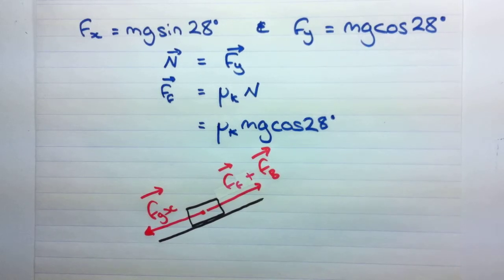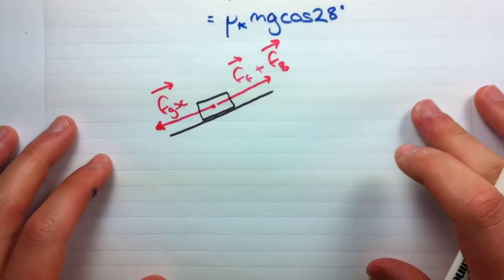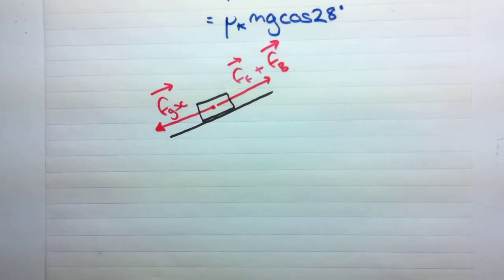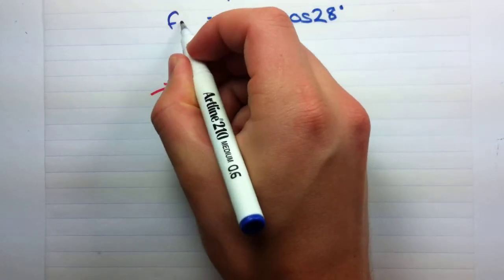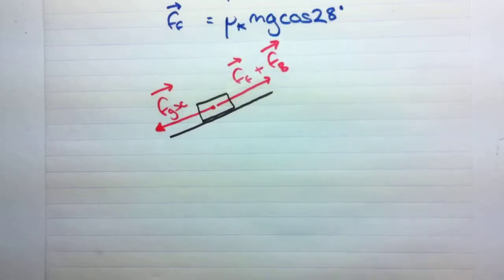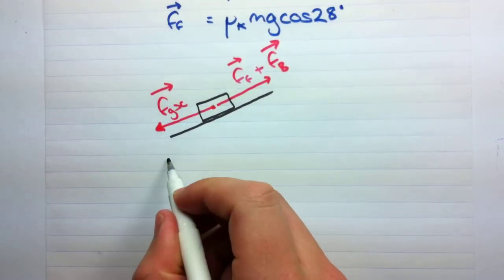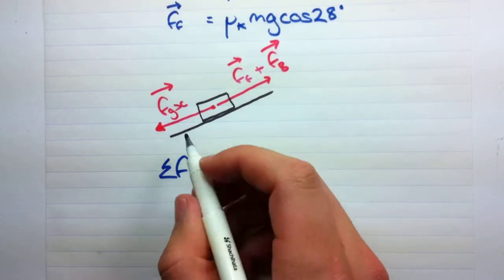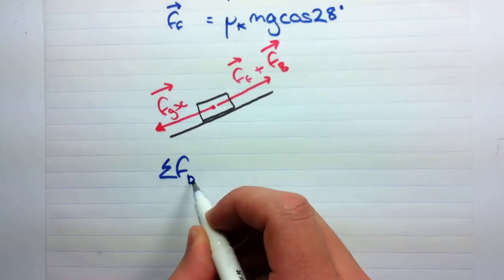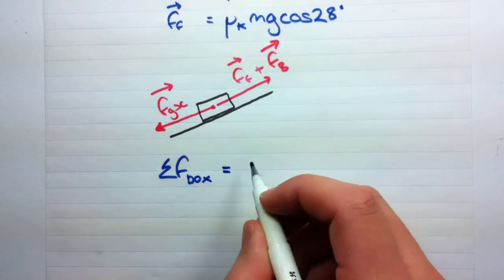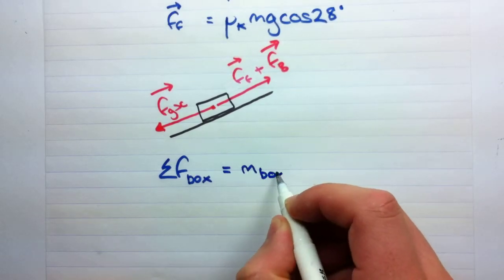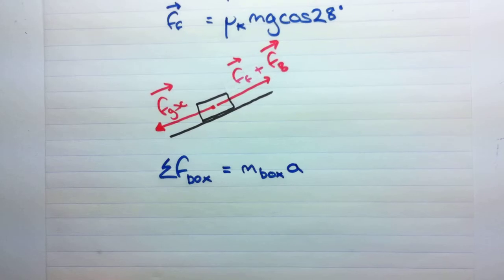If you want a refresher on the question, we're trying to find out how much force the small boy is providing. Okay, so the net force on the box is not zero because it's not in equilibrium, so it must be equal to the mass of the box times the acceleration of the box.